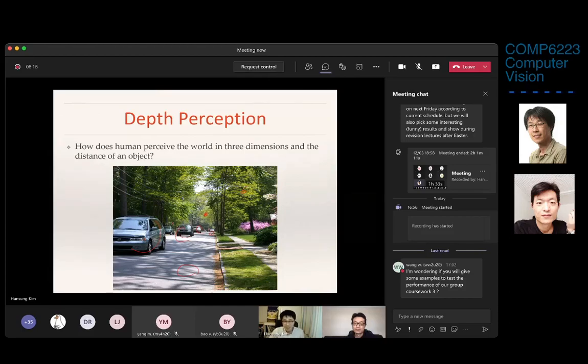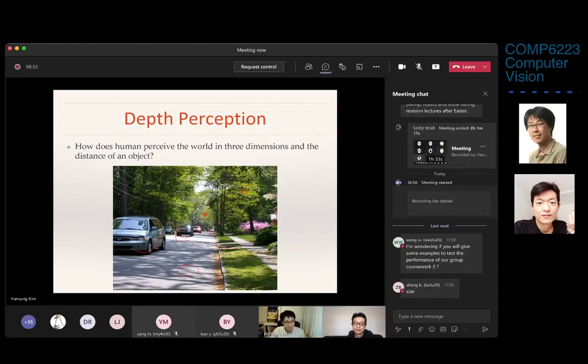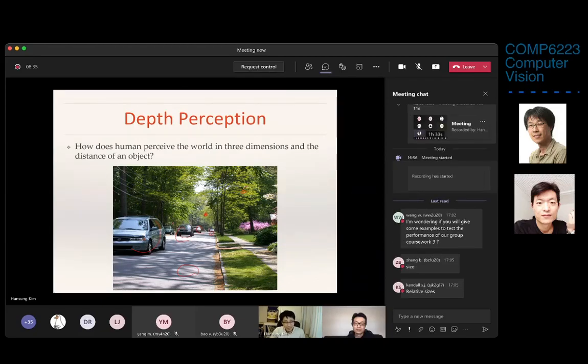You can clearly just say, oh, this is closer than that. How do you know that from this image? Do you have any idea? Just type on the chatboard. Size. Wow, that's a good clue. Yes, relative size.